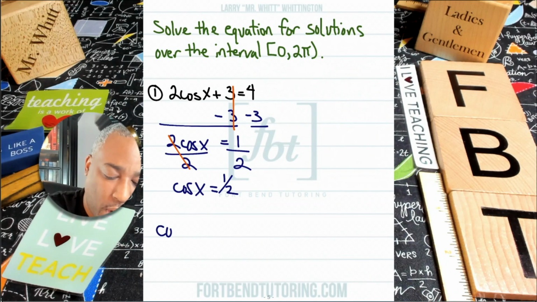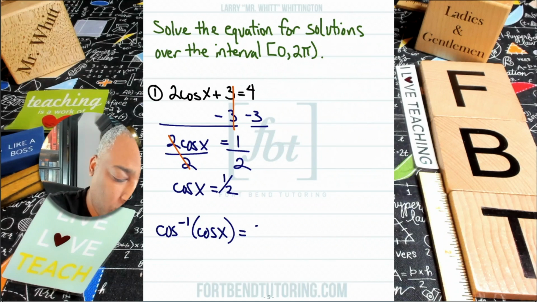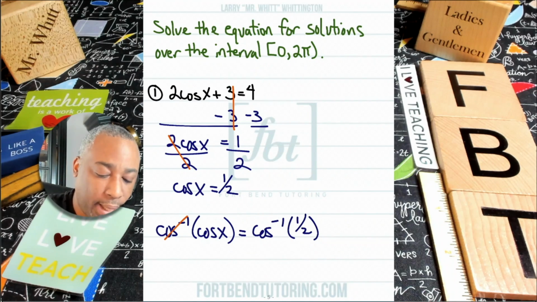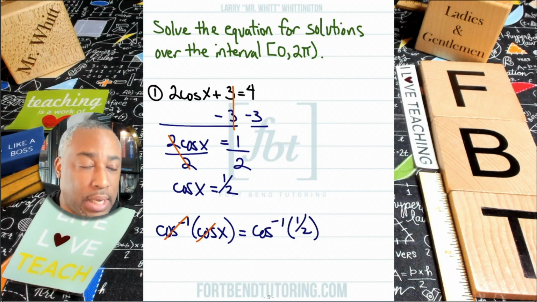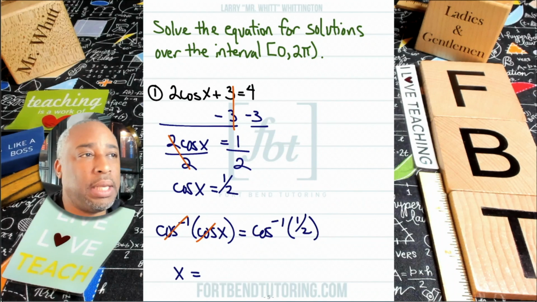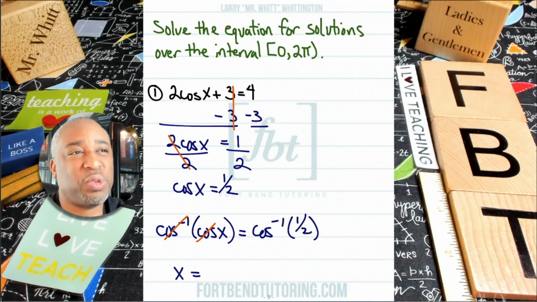So I'll have arc cosine of cosine x equals arc cosine of 1/2. Using the inverse trigonometric function arc cosine, I'll be able to isolate my variable x on the left side of the equal sign, and bring down x equals the angle measurements where cosine is 1/2. That's what we're looking for, guys.